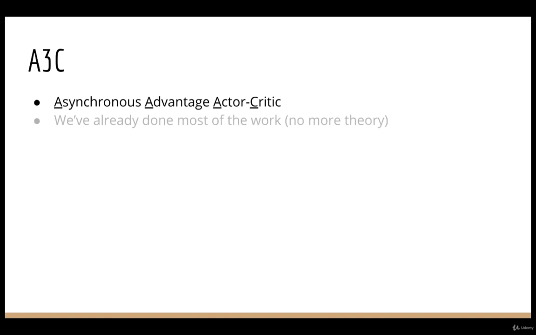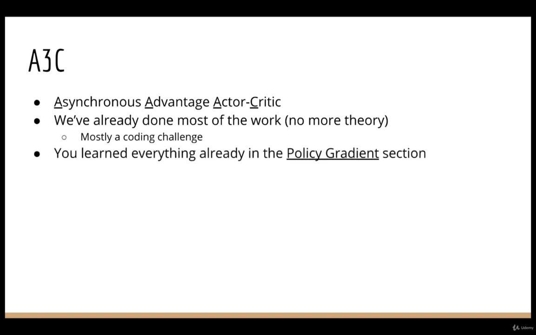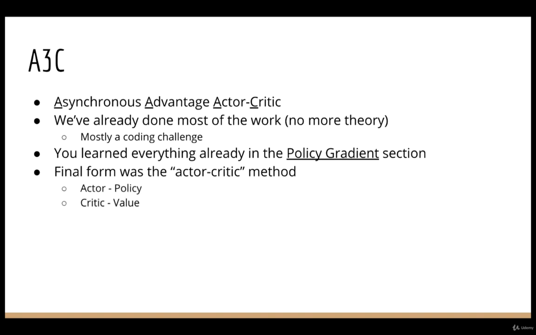What's pretty nice is we've already done most of the groundwork for this algorithm. In fact, there's nothing new in terms of theory that we have to discuss. In particular, we've covered everything you need to know already in the section on policy gradients. As you may recall, the final form of the policy gradient algorithm we used was called actor critic, where the actor was a neural network that parameterized the policy, and the critic was another neural network that parameterized the value function.